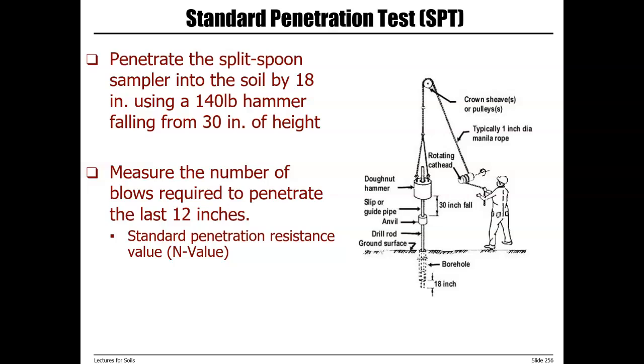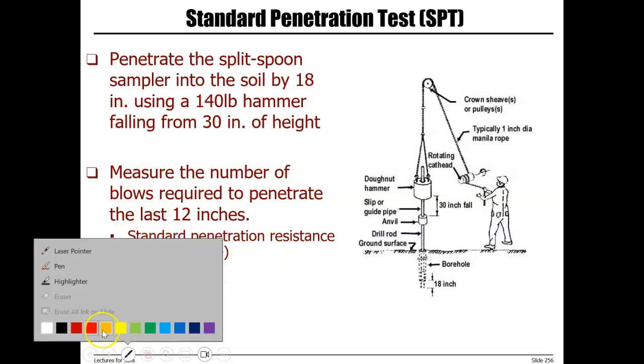The measurement done by SPT is how many drops are required for the split spoon sampler to penetrate the last 12 inches.